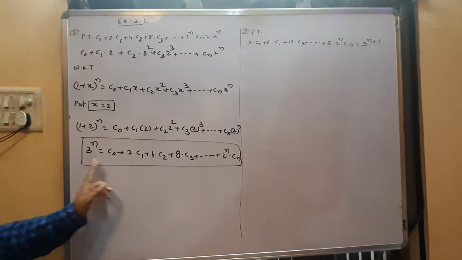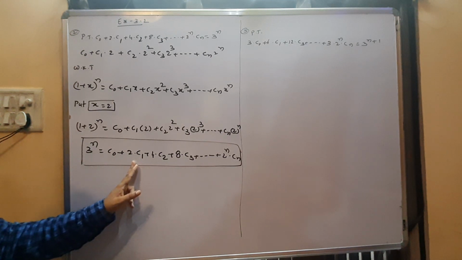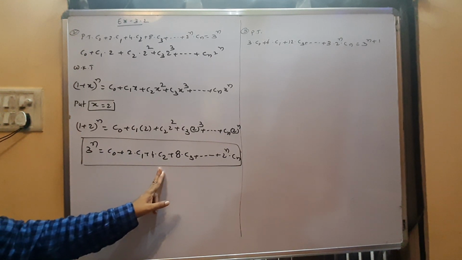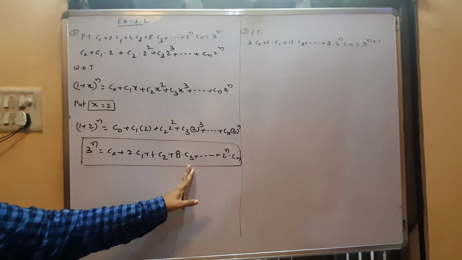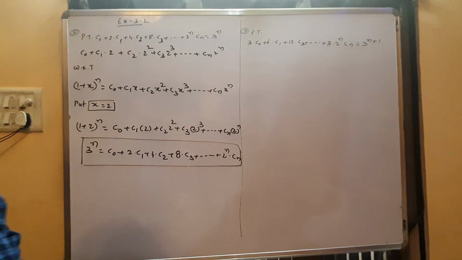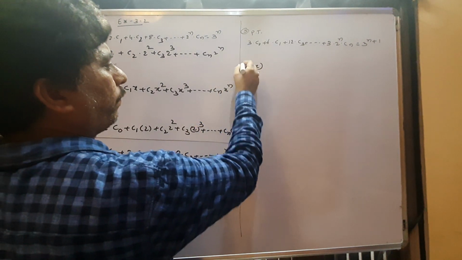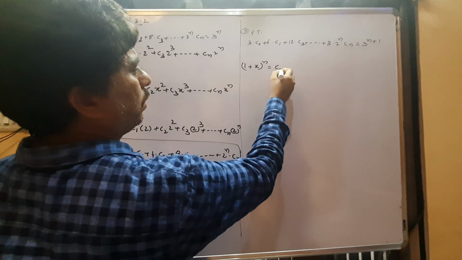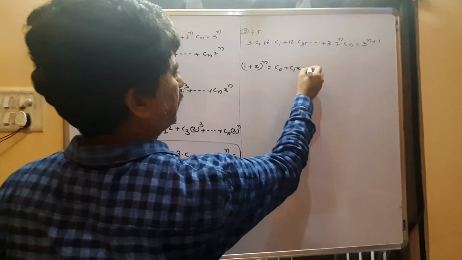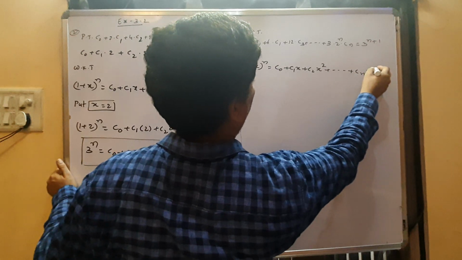You have to multiply by 3 on both sides. We get 3C0 + 3 into 2, 6C1 + 3 into 4 is 12C2, 24C3 and so on, 3 times 2 power n into Cn. We get the third bit. For the LHS you have to consider (1+x)^n. We know the same solution: C0 + C1x + C2x² and so on, Cn x^n.